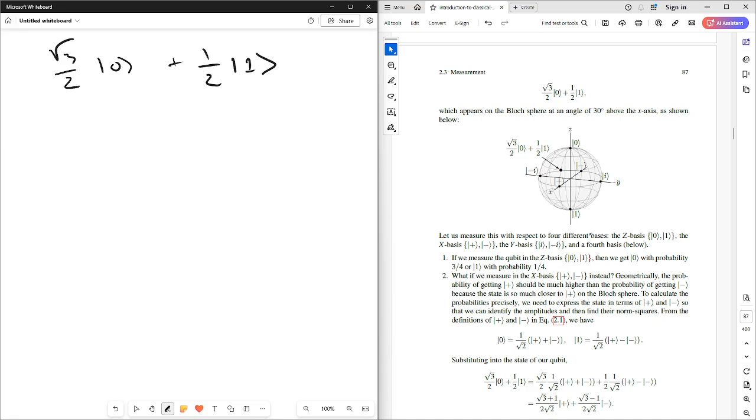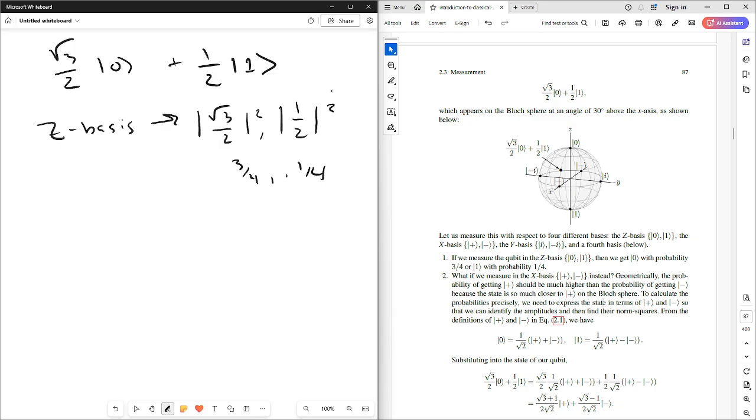So if we measure this in the 0, 1 basis, then in the Z basis we'll get the norm square of square root of 3 over 2, and the norm square of 1/2. So we'll get 3/4 and 1/4 respectively for state 0 and state 1.